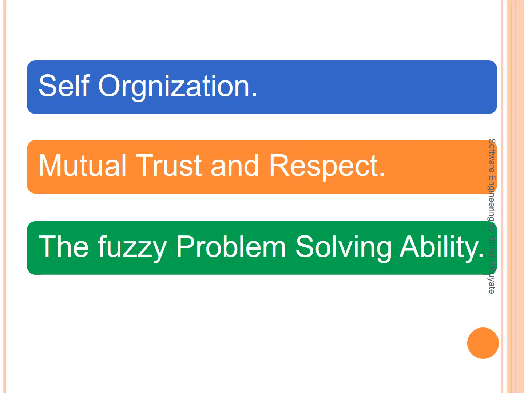The last human factor is fuzzy problem solving ability. The Agile software project team may continuously deal with ambiguity and change.